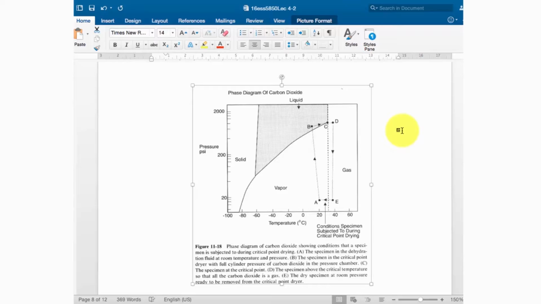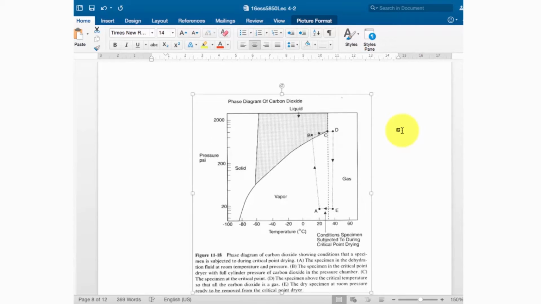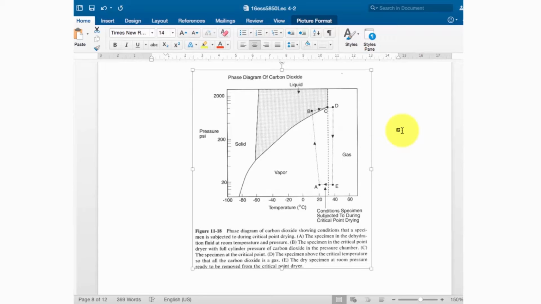For a supercritical process, we can have a very long cantilever survive. This process is also usually adopted by biological people trying to preserve their samples.